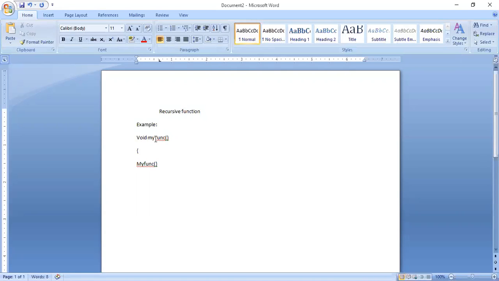My function should be the same: my function, semicolon. Then opening flower bracket, some code I'm going to write, and a closing flower bracket. So this is an example of a recursive function.